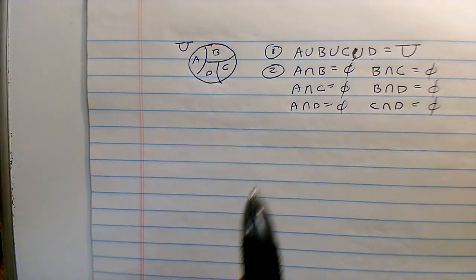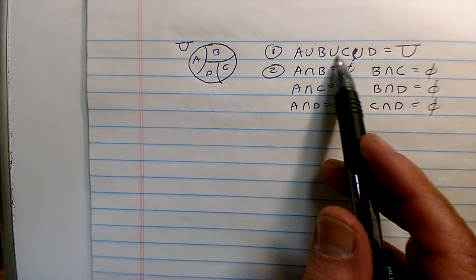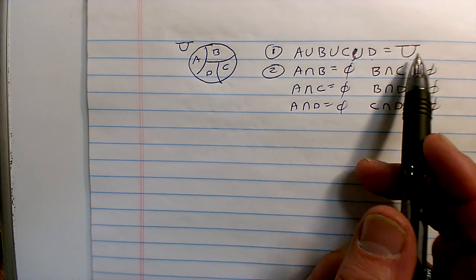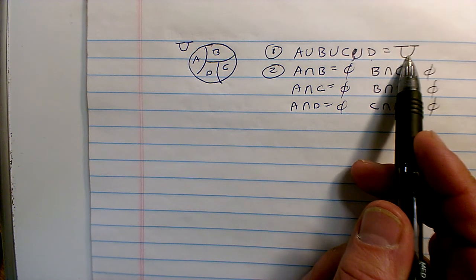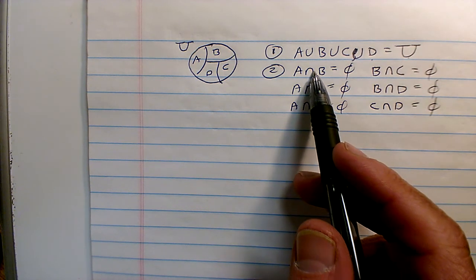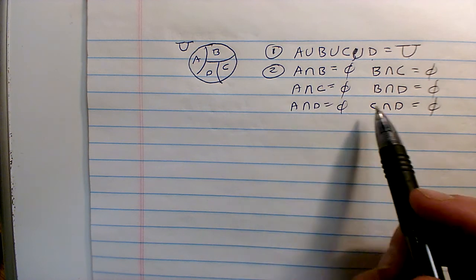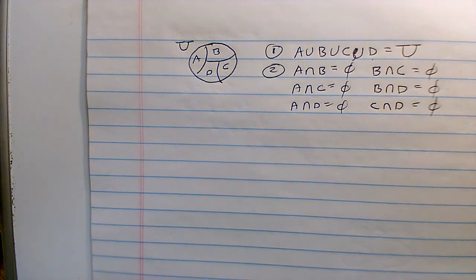If we have these two properties, the first one says that all of the sets, when you find their union, give you the big set, the superset. And the second one says that all of the subsets are non-overlapping, or we can say all the subsets are disjoint, or we can say all of them are mutually exclusive. There's lots of places where you see the word partition.